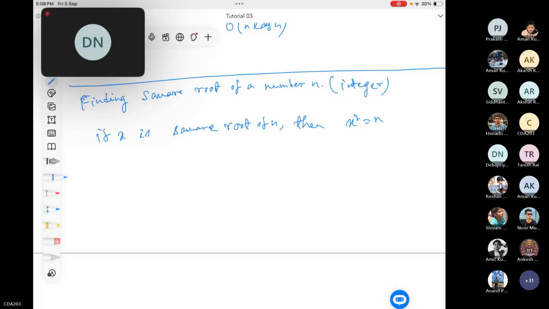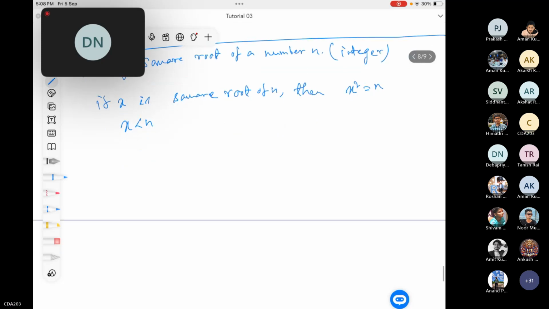So all you have to do is, now also you can check that this x should be less than n. Okay, x must be less than n, otherwise this will not hold.